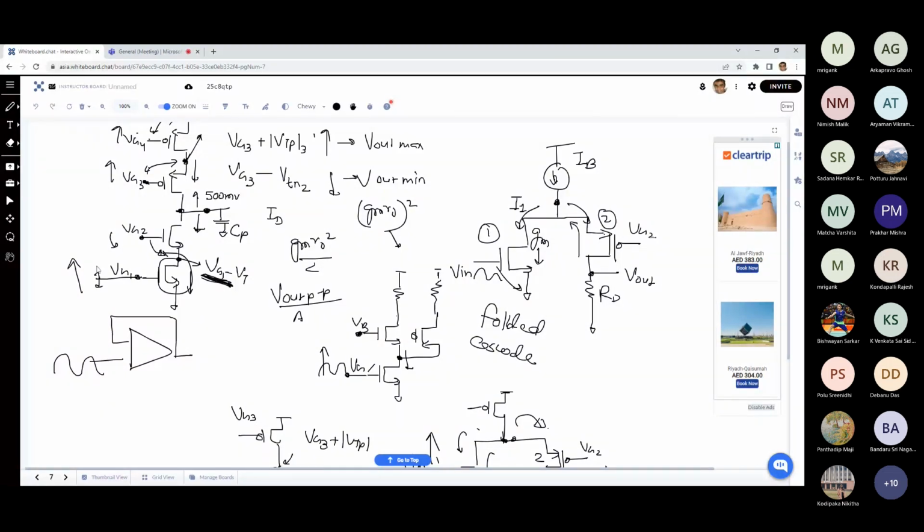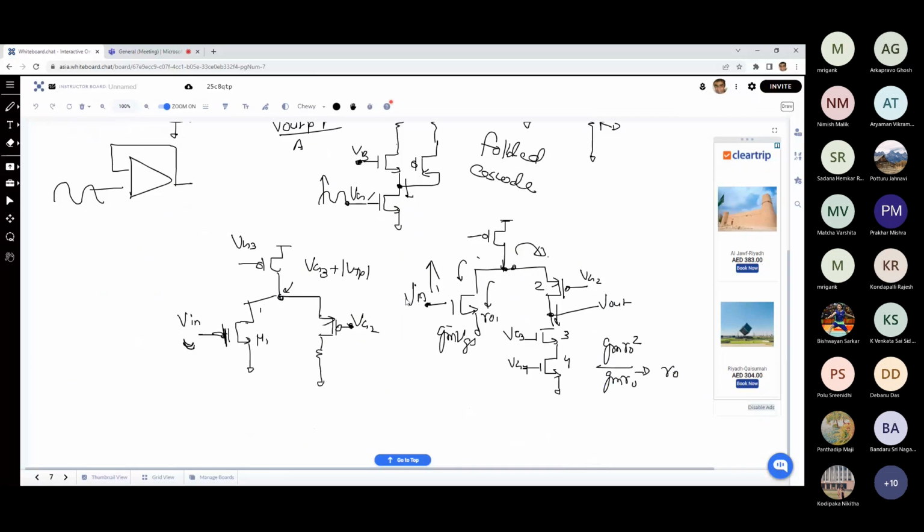But in this case, that is not the scenario. Here the output signal is over here, and this particular voltage can be sufficiently high, depending upon what is the VG2. Because this is going to be VG2 plus VSG, right? So depending upon VG2 and W by L of M2, this voltage can be large.